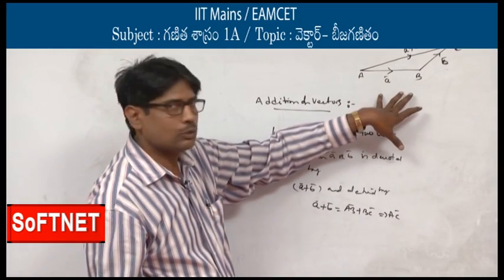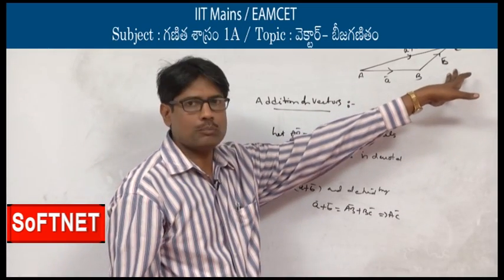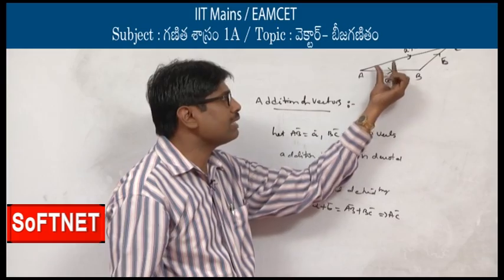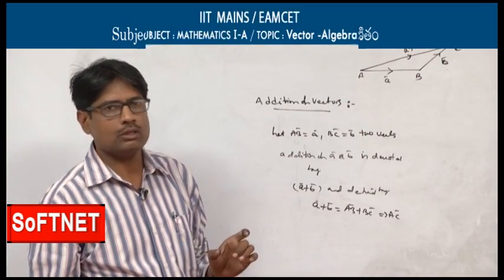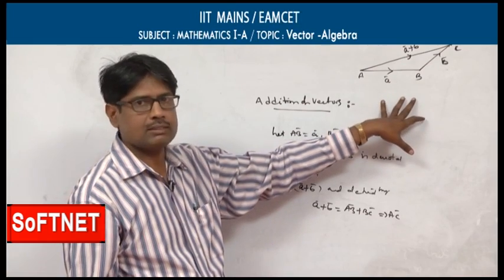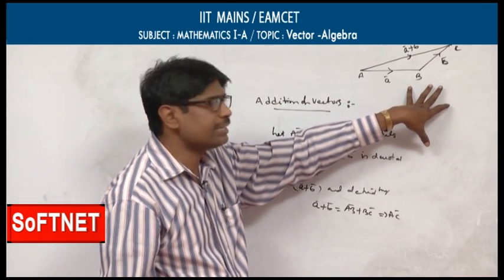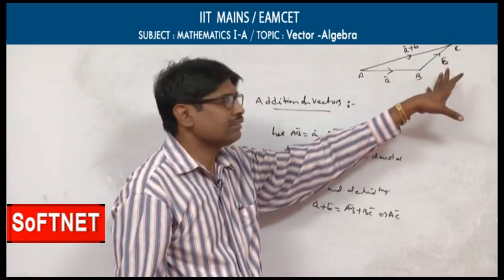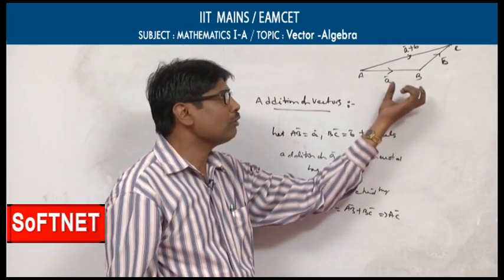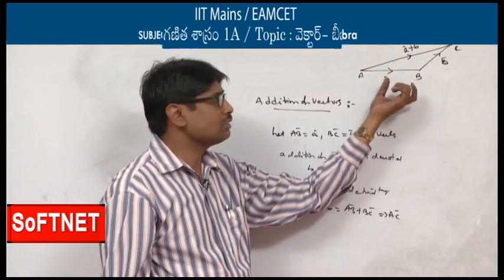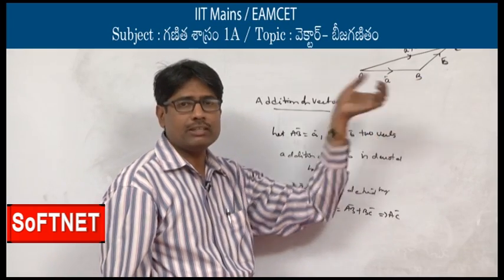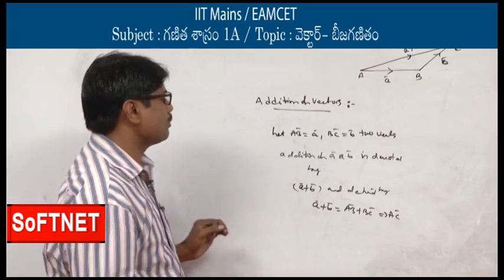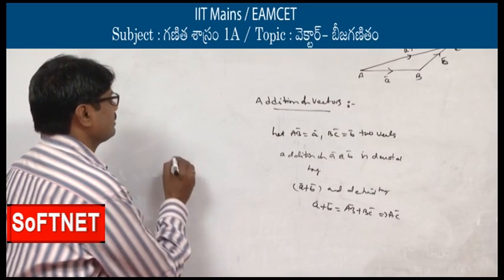AB bar is A bar, BC bar is B bar, then AC bar is equal to A bar plus B bar. Then definitely you are getting a doubt: to add two vectors, is it the first vector's initial point and second vector's terminal point that should be coincident? No, the first vector's terminal point and the second vector's initial point should be coincident. For example, you take two vectors in the space.